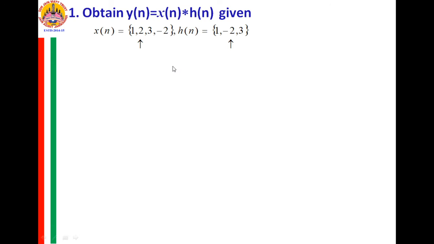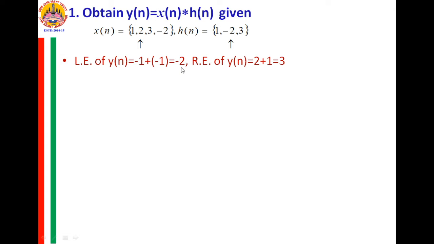So, you observe here the left end of x of n is minus 1 and for h of n is also minus 1. In this tabular method also, we should know how many samples we shall have in the output y of n. That is possible if we understand the left end and right end of y of n. As usual, we find the left end of y of n as the left end of x of n plus the left end of h of n, which is minus 1 and minus 1.